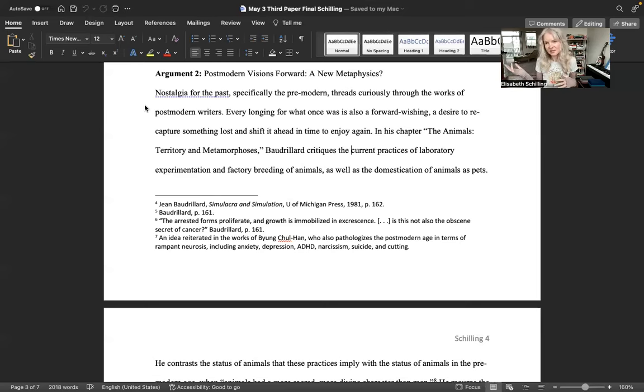But I'm focusing on metaphysics. I think that's what I was trying to do. I was trying to justify my use of metaphysics. Because there's something that the postmodernist writers, I feel, want to extract from these materialistic, mythological, religious conditions of the pre-modern.